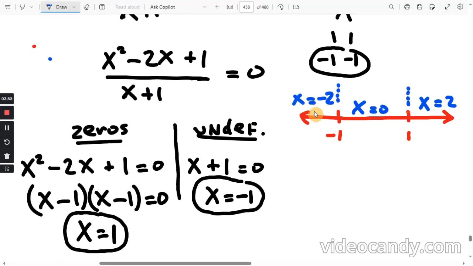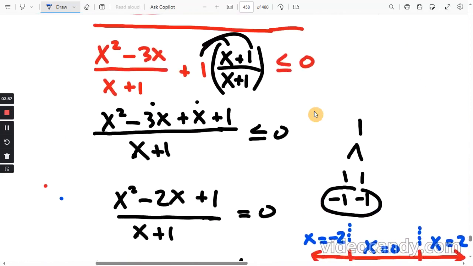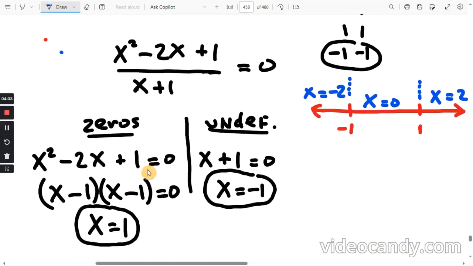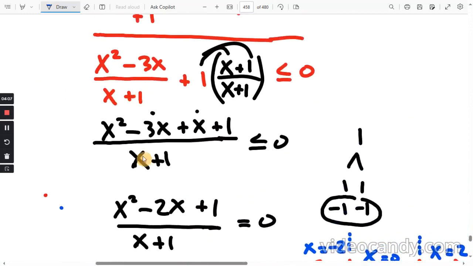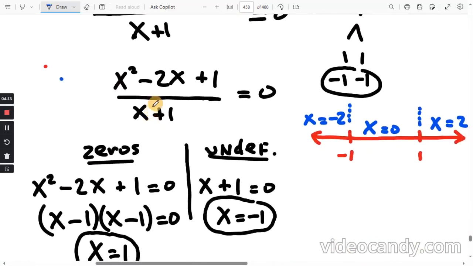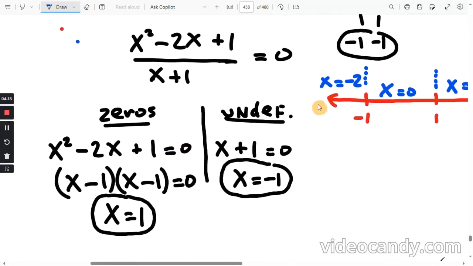All right, let's start with the -2. And where is the simplest form of the equation that we can plug in? This one right here. All right, this is the simplest form. It's the same as the original, but I would rather plug in the simplest one.